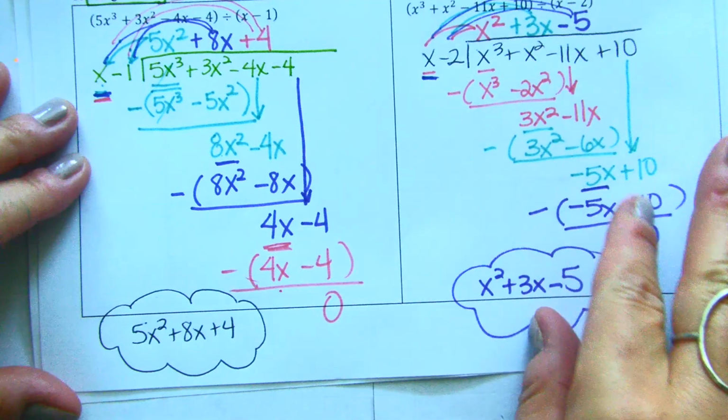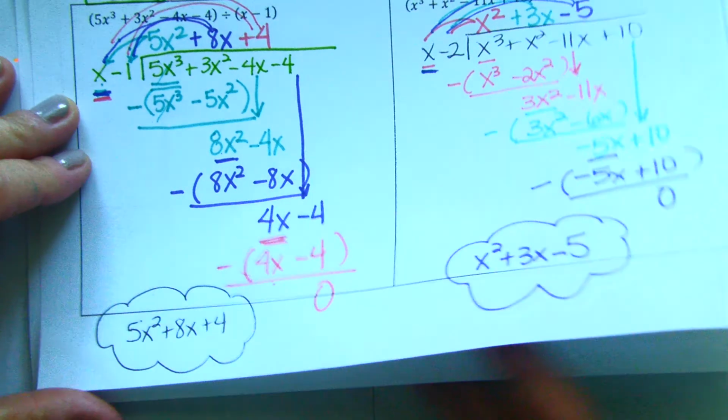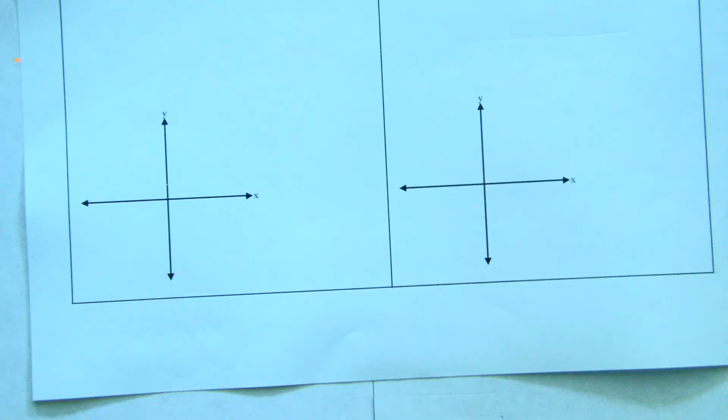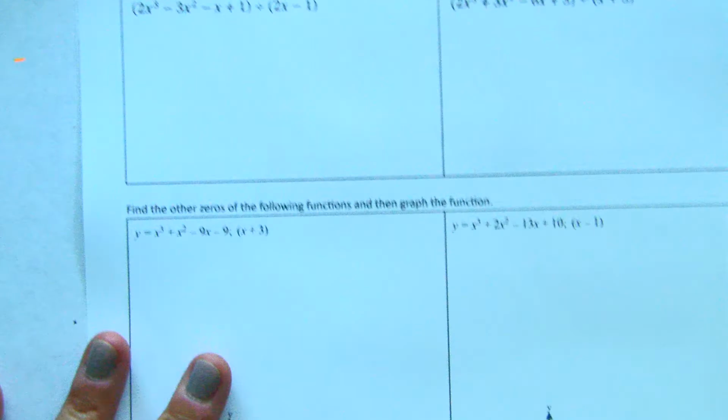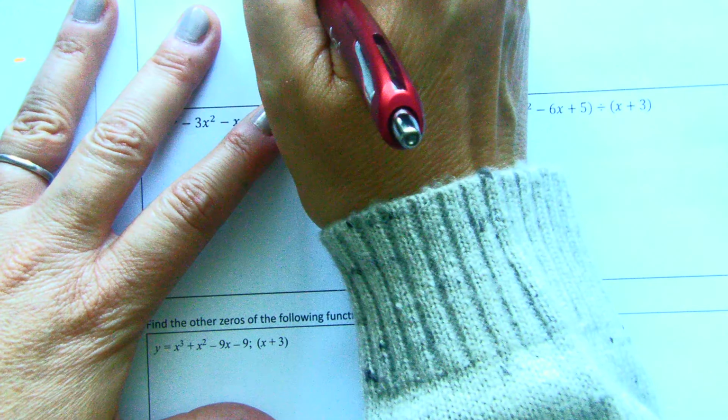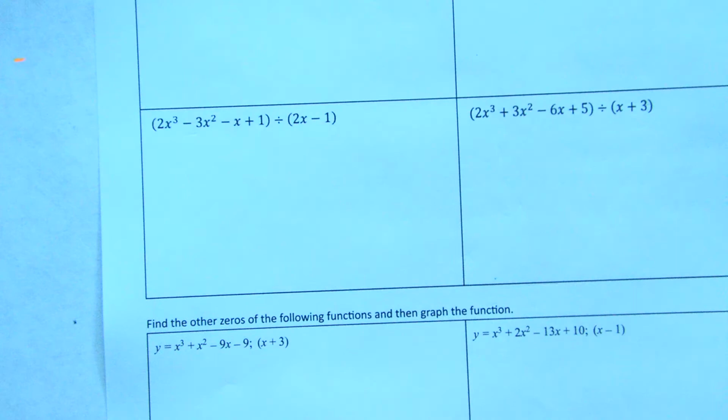So now we're going to go over synthetic division, which is on the back side of this or second page, depending how you printed it. All right. So for synthetic division, the key is that what you are dividing by has to have a power of 1.